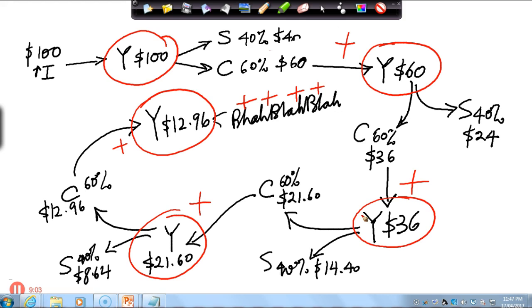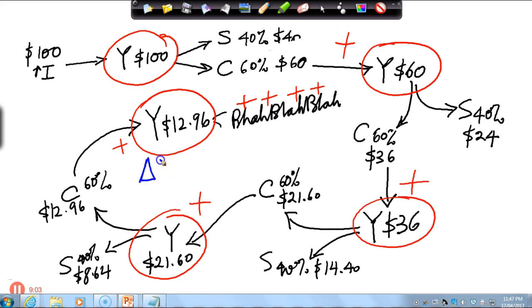How would we find out the total increase in income overall? Well, we could do it in an Excel spreadsheet and just work it out that way. Or we could do it by hand this way forever and ever. Or alternatively, we could calculate it using the equation we've already seen.